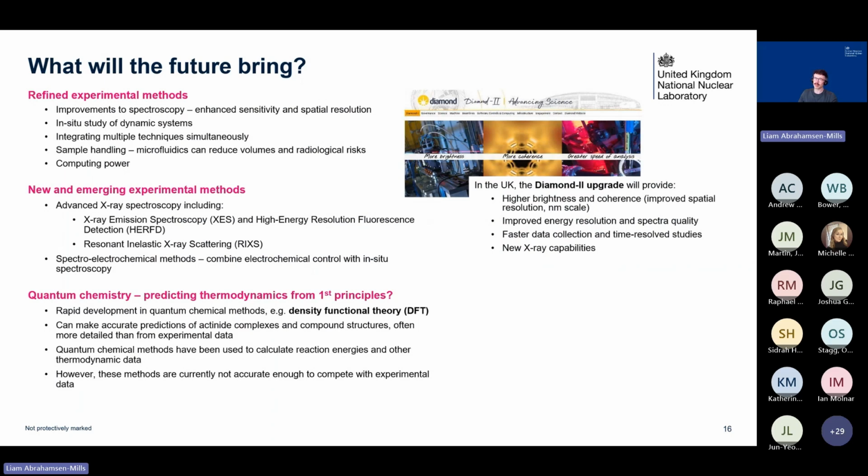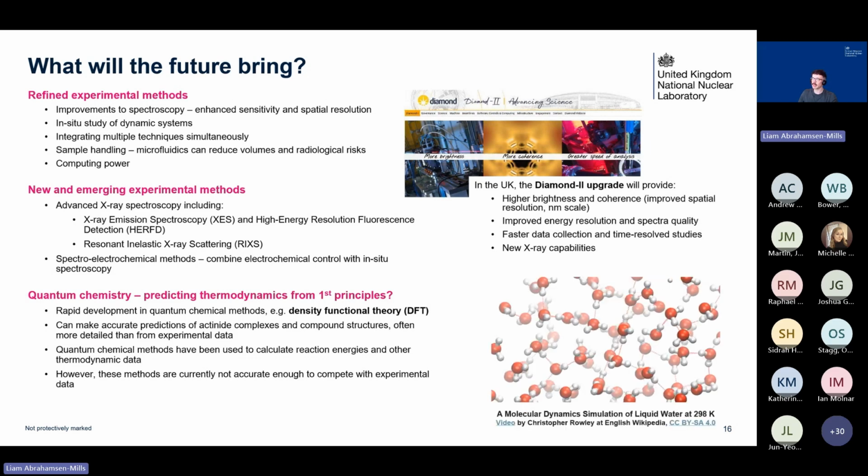I don't think so, but there are rapid developments being made in these quantum chemical methods using density functional theory, for example, and already they allow us to make accurate predictions of actinide complexes and structures, often actually more detailed than from some experimental techniques. You can also use this method to predict reaction energies and log K values, but at the moment these methods are not good enough to compete with experimental data.